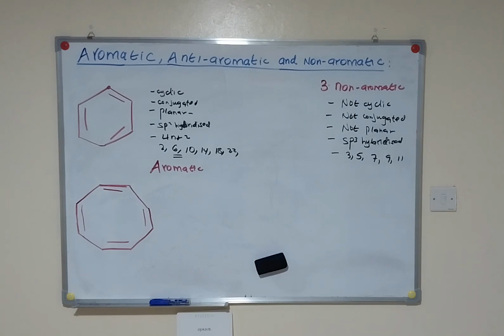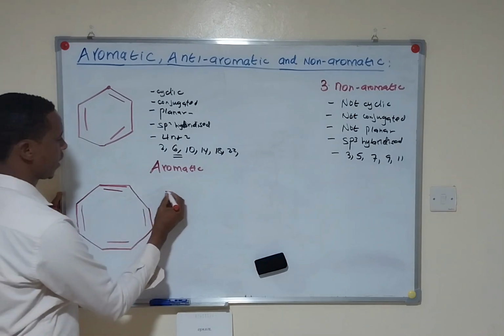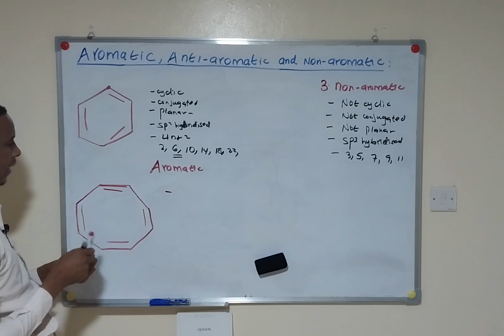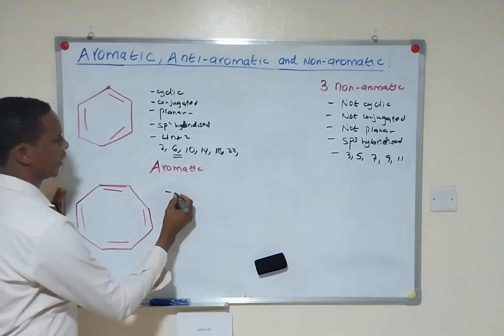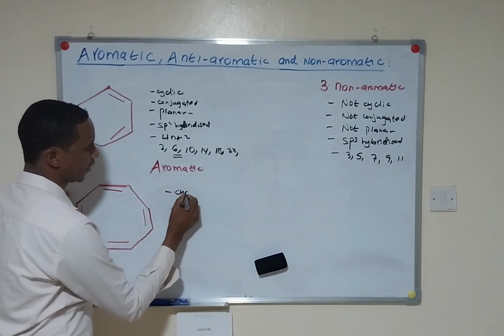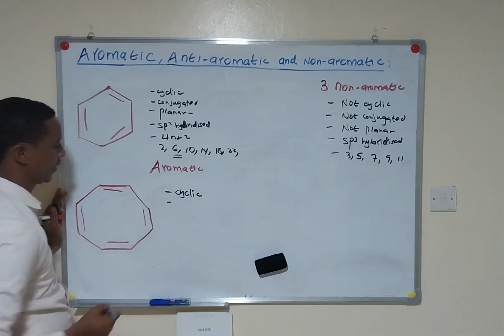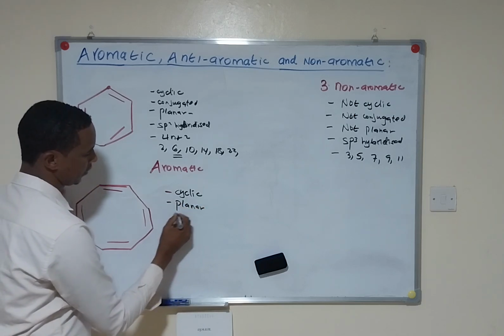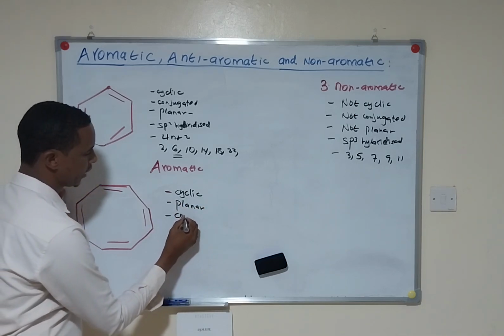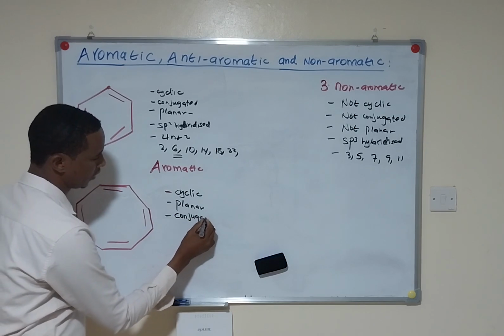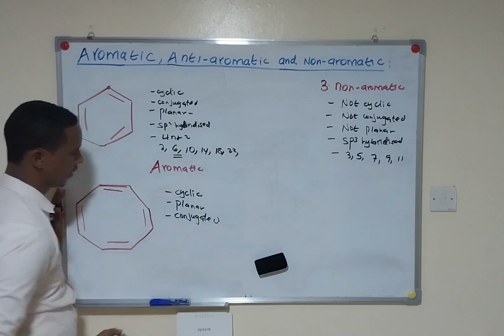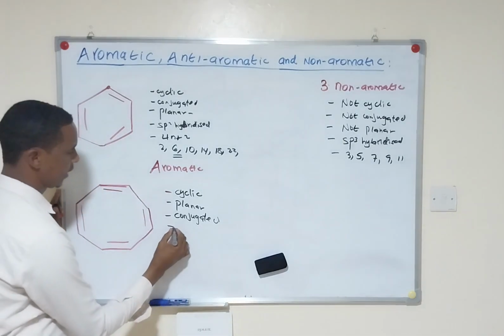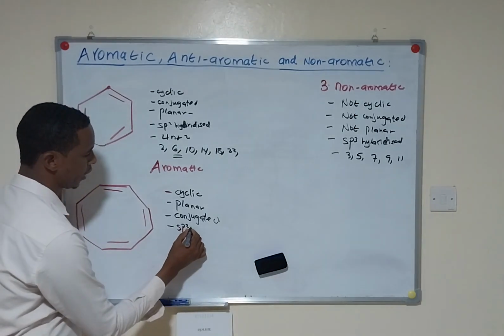Yes, we can tell by looking at the set conditions. Condition number 1, the structure is cyclic, it is planar, it is conjugated, and it is sp2 hybridized.